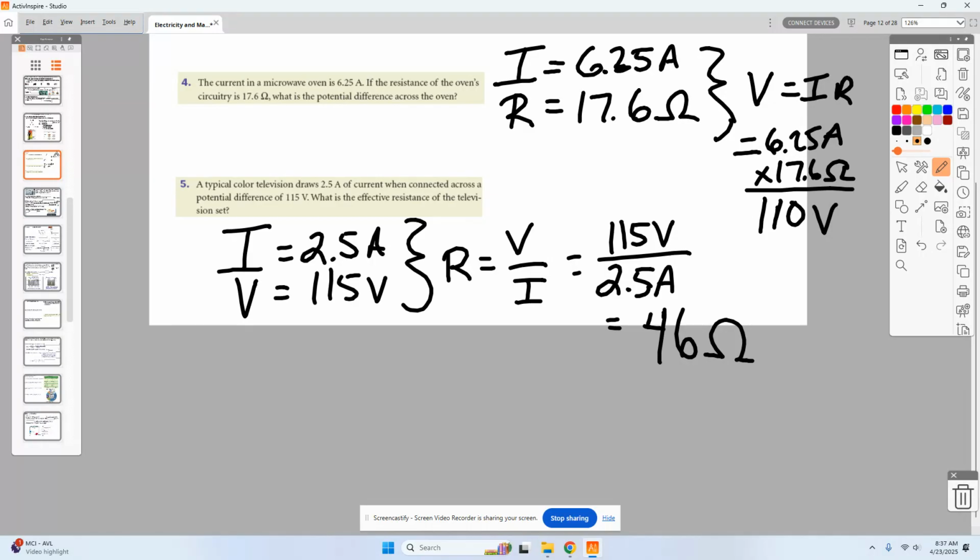You have to write it about 3 times to get it to show up on that board, but that's okay, about 46 ohms. Again, folks, I would not expect that you're going to have too much trouble with that equation. It's 3 variables. You're given 2, you have to determine the third.